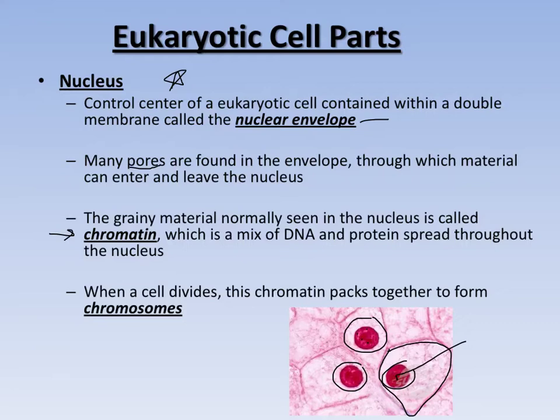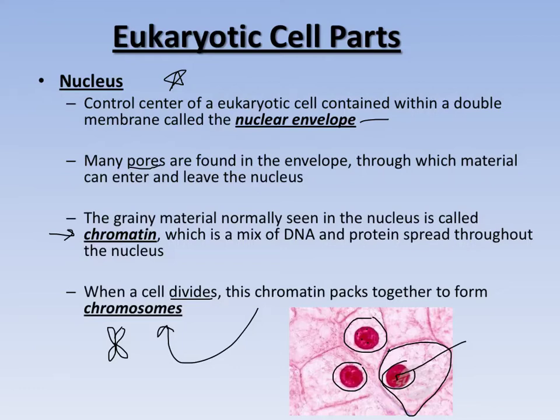Now when a cell begins to divide, which will be the topic of our next unit, the chromatin will actually pack together more tightly to form chromosomes. You might remember learning about these in the past, but they usually have an X shape, and that only happens when the cell prepares to divide.